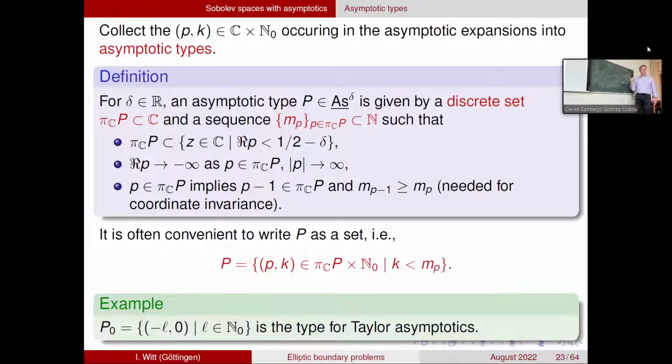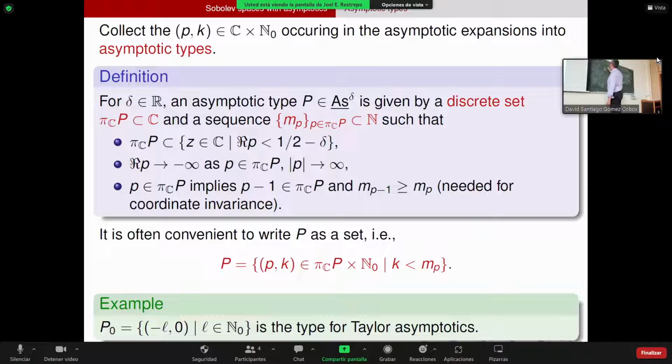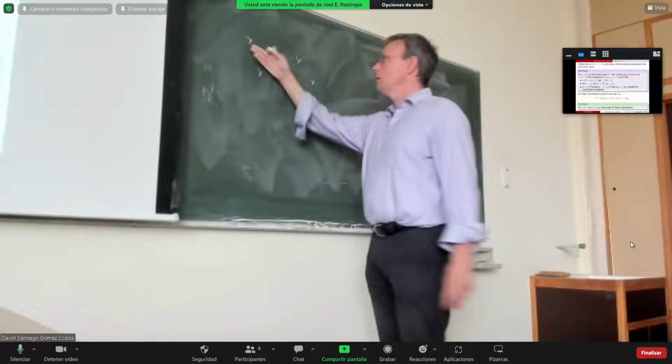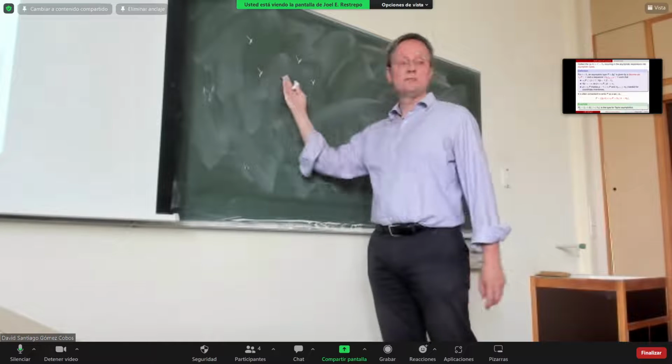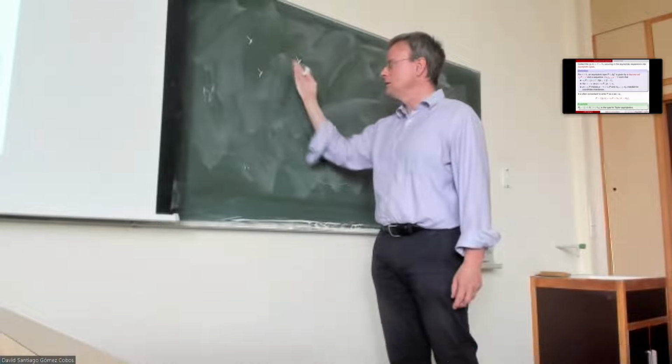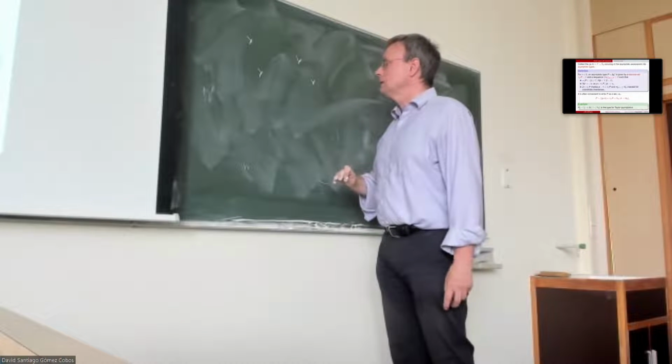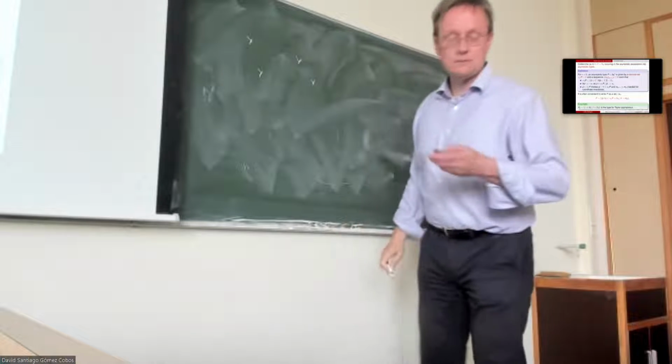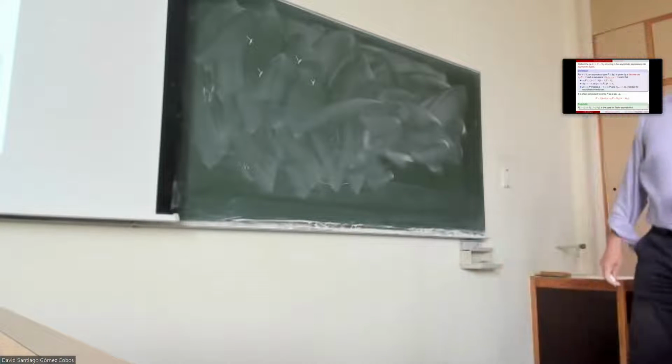A divisor tells you about the zeros and the poles of a meromorphic function on Z. So we have here our zeros and poles, and they come with multiplicities. Here it is just a translation of that in case you don't know what it is.